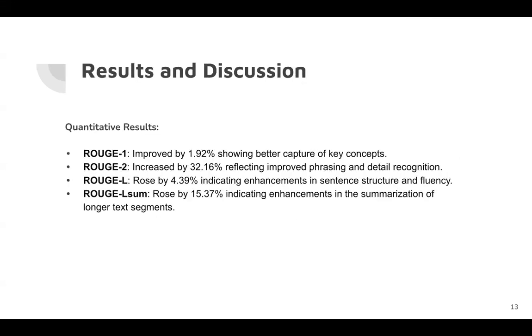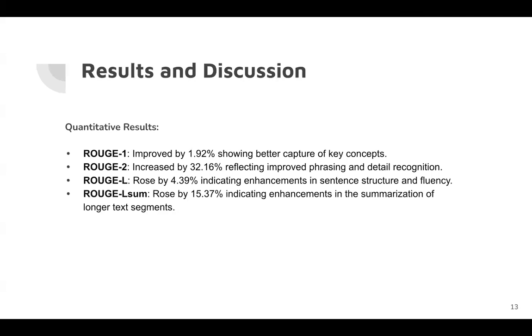Coming to the results, they were highly encouraging. The model demonstrated significant improvements in all ROUGE metrics, with notable enhancements in coherence and detail, as evidenced by the ROUGE-1 to Lsum scores here.